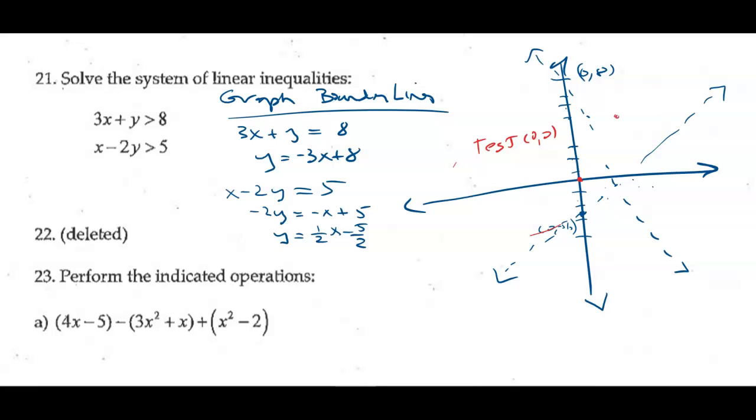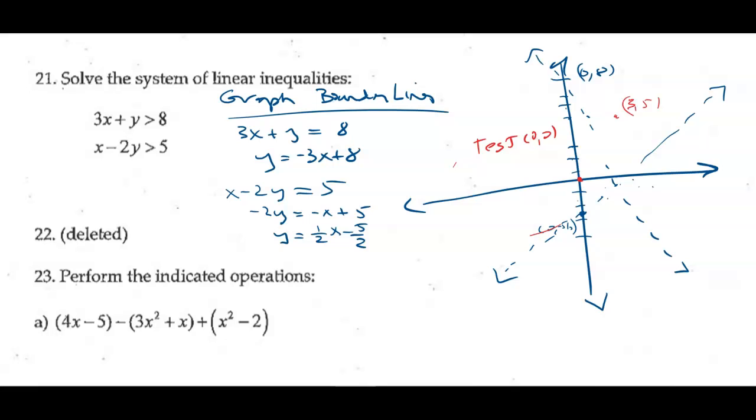Let's do like 3, 5. If I test 3, 5, I get 3 times 3 is 9 plus 5. Hey, that one works. 2 times 5 is 10. No, 3 minus 10 is not greater than negative. So that region doesn't work. Don't worry, you'll get there. If none of them work, you're making a calculation error somewhere.